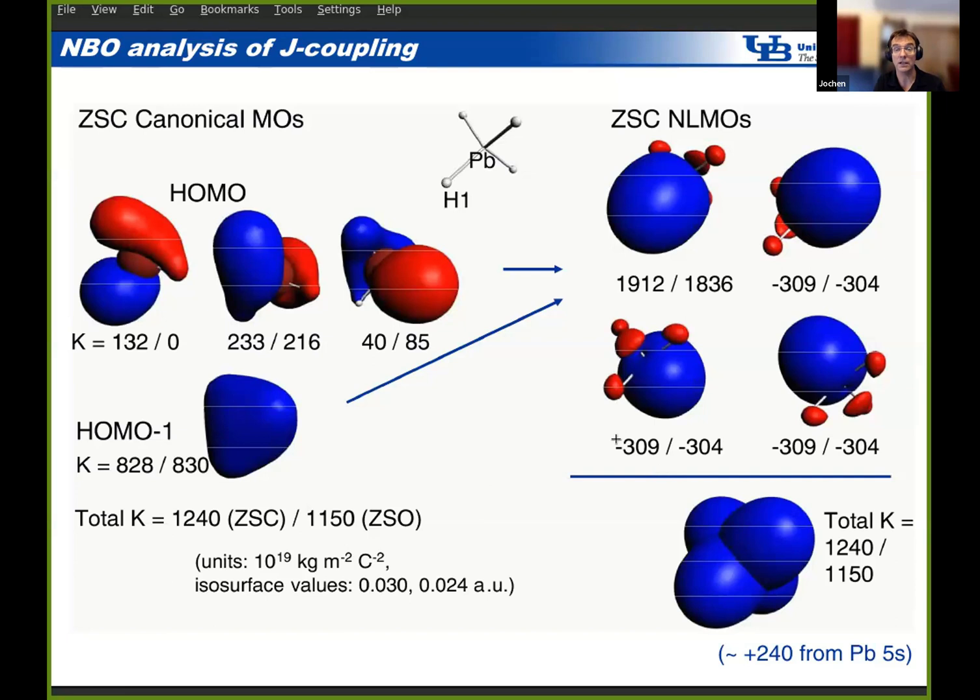And that means there are contributions of these orbitals on the lead and the proton for which we calculate the coupling, which is H1 here. And that takes electron density out of that particular interaction and has therefore this sort of counterbalancing effect.